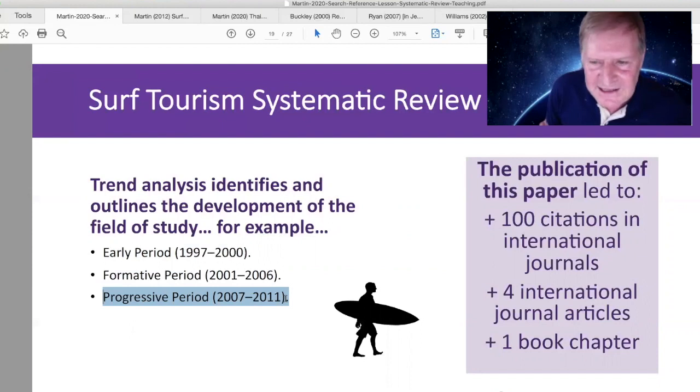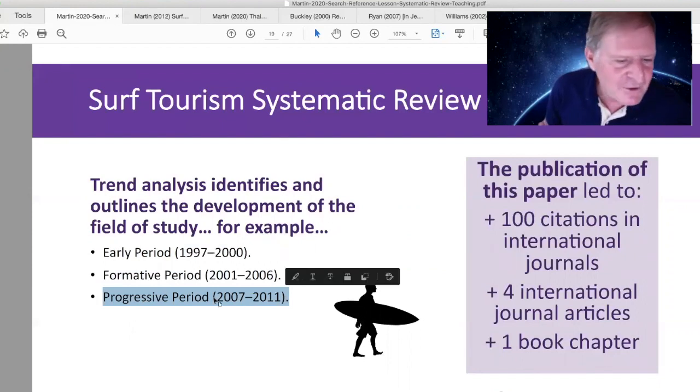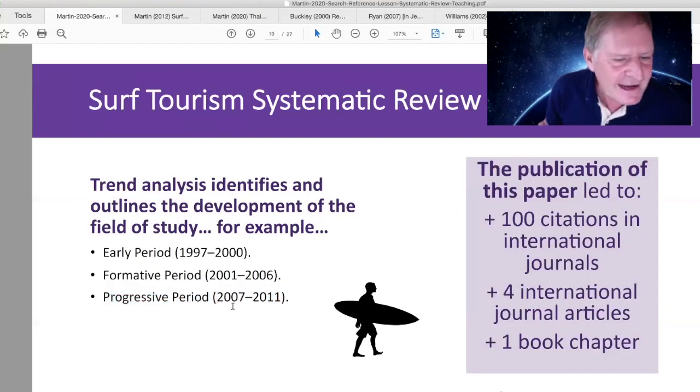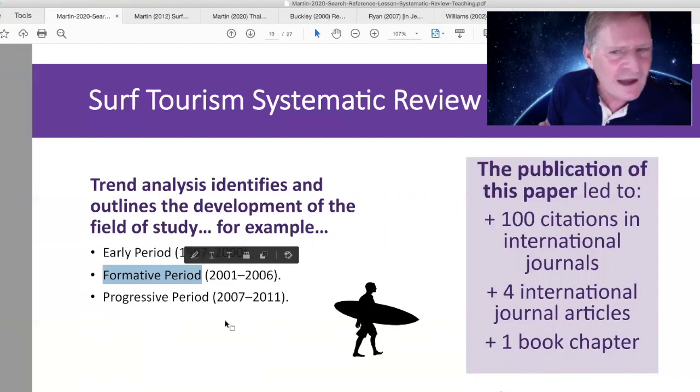The idea was that most of the research appears in this progressive period, right? And now this gets cited a lot in books and journals, and people write about this literature. They always say, Martin established the formative period, so it turned out to be a rather clever idea because I get cited a lot.